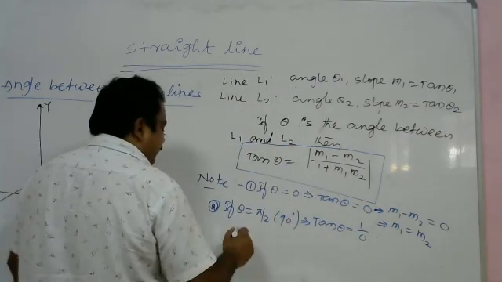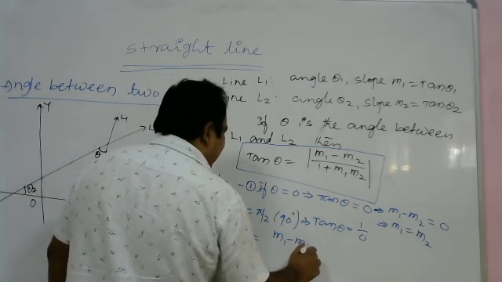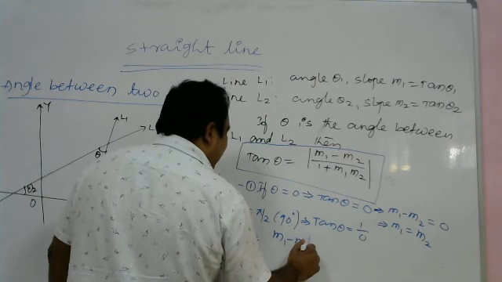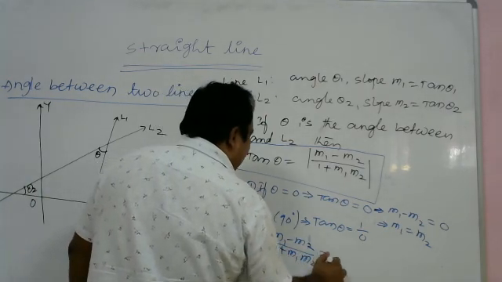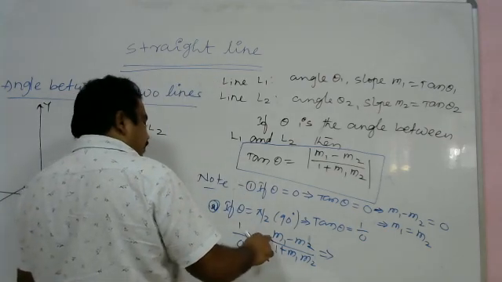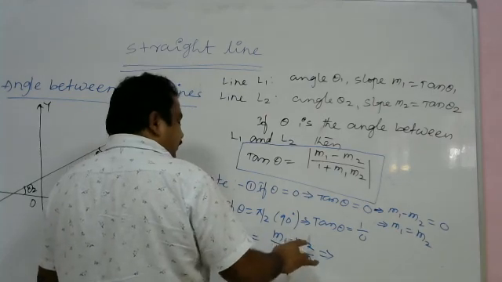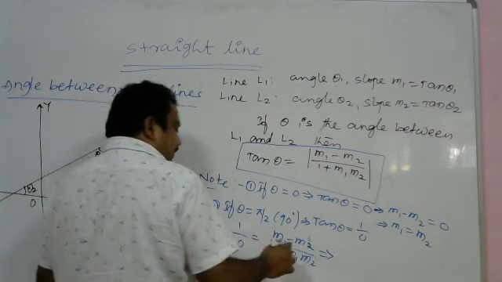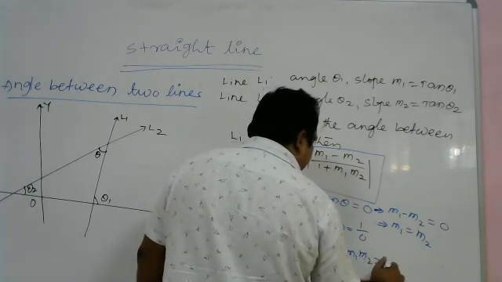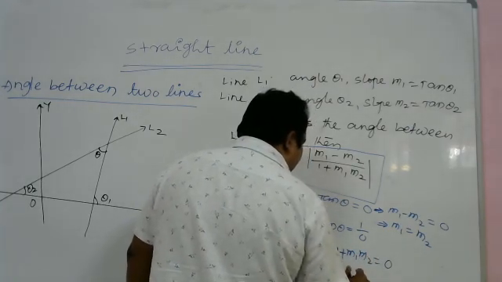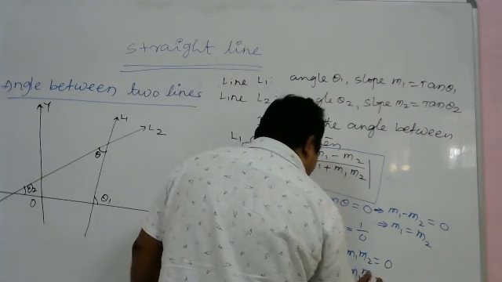So substitute 1 by 0 here: 1 by 0 equals (m1 minus m2) by (1 plus m1 m2). What will we get? 0 into (m1 minus m2) is 0, and (1 plus m1 m2) into 1 is 1 plus m1 m2. So 1 plus m1 m2 equals 0. Therefore, m1 into m2 should be minus 1.